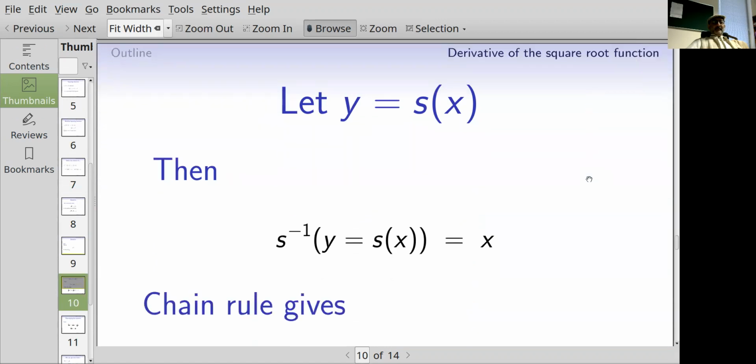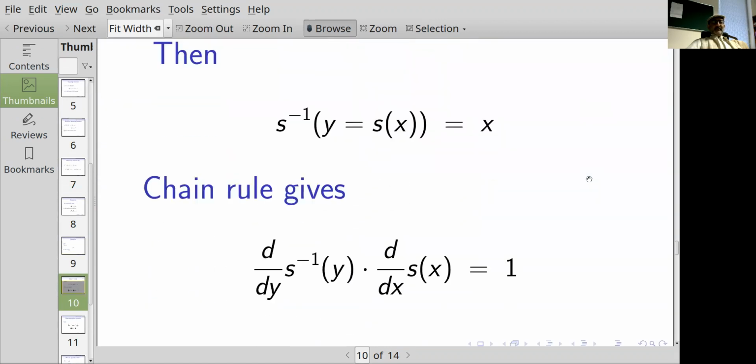Okay, so if we let y equal s of x, then S inverse of y equals S inverse of s of x, which is equal to x. Then the chain rule says that the derivative with respect to y of S inverse of y times the derivative with respect to x of s of x is equal to the derivative of x with respect to x, which is equal to 1.